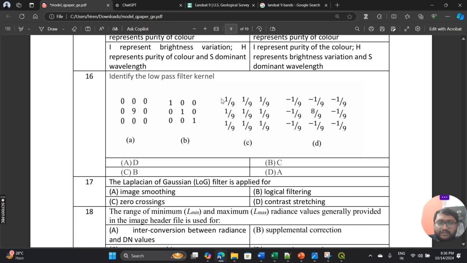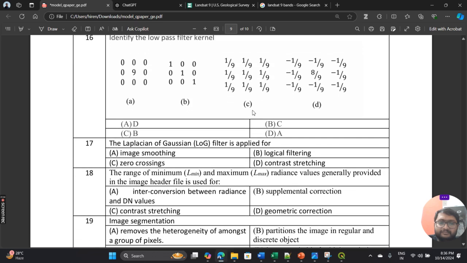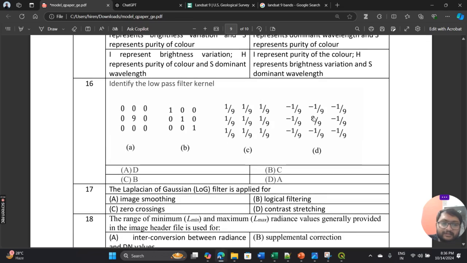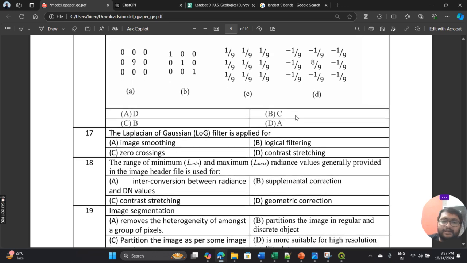Here the first one is C. I think C is a low pass filter. No, D is high pass, and in D there is a high value in the center. So D is high pass. Okay, C. True. This will suppress the low and this will pass it.